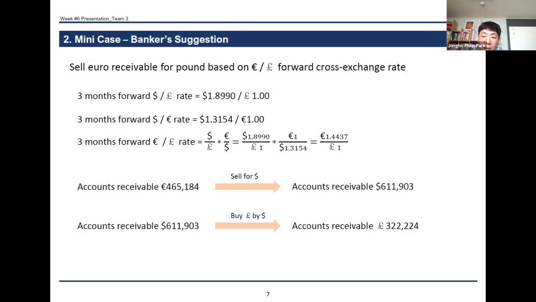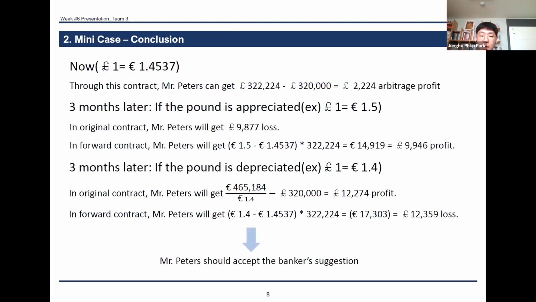And if we buy pounds using these dollars, we can have a receivable of 322,224 pounds. Next, please. So here, through this contract, Mr. Peters can get 322,224 pounds minus 320,000 pounds. So Mr. Peters can get a 2,224 pound arbitrage profit.